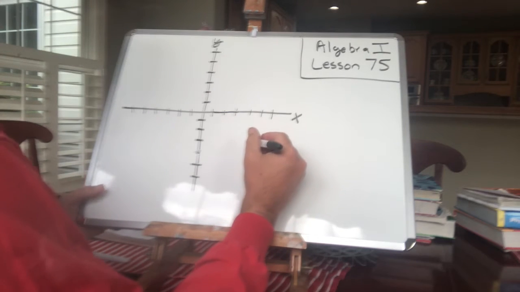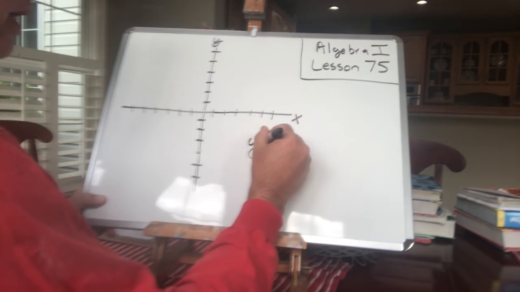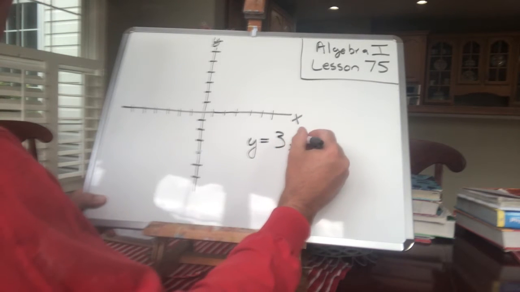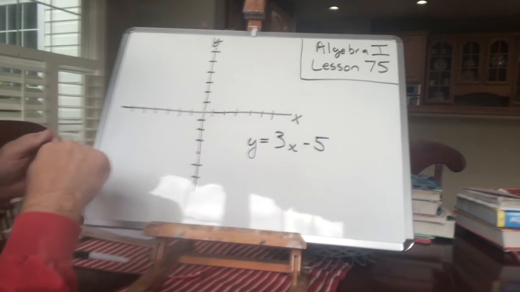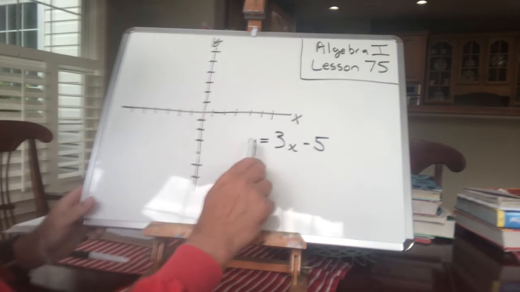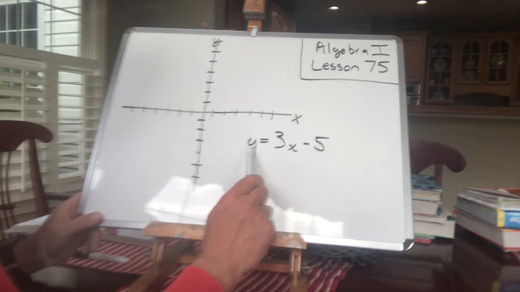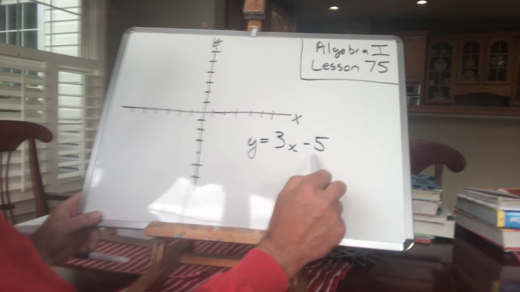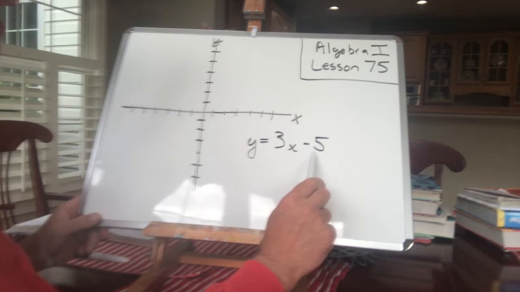The equation for a line is y equals 3x minus 5, okay? This is how it has to be written: it has to be y equals. This number right here represents the intercept, meaning this is where it's going to intercept on the y-axis.